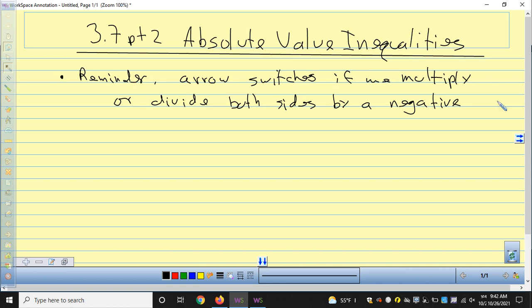Anytime we work with inequalities, if we multiply or divide both sides of an equation by a negative, we switch the inequality.